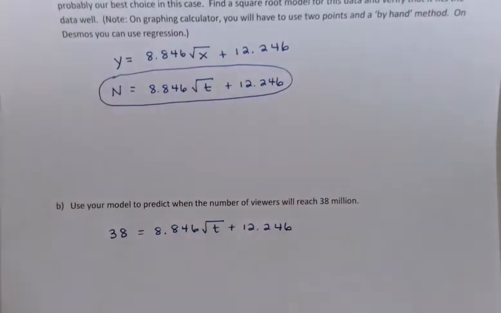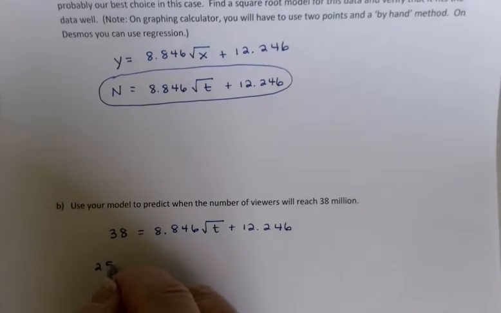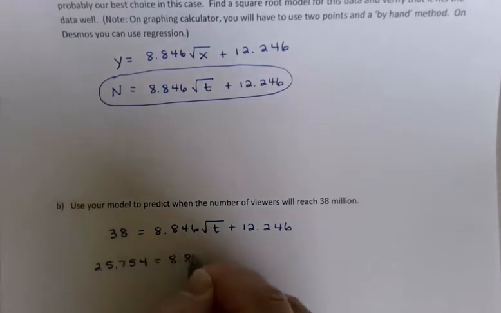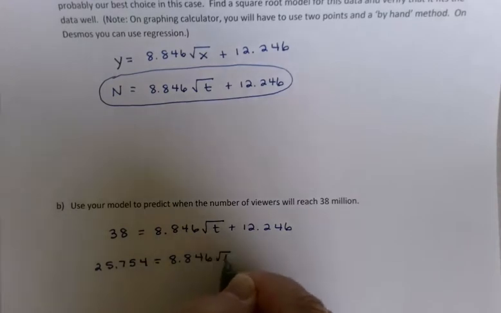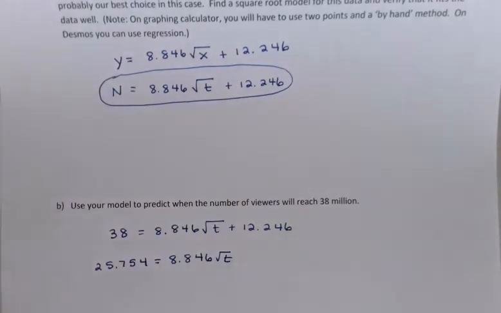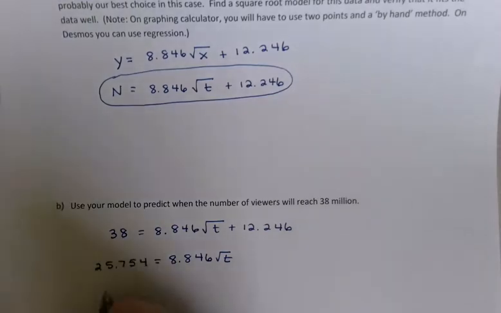So if I take 38 and subtract 12.246, I have 25.754. And I'll divide by the 8.846, giving me 2.911.